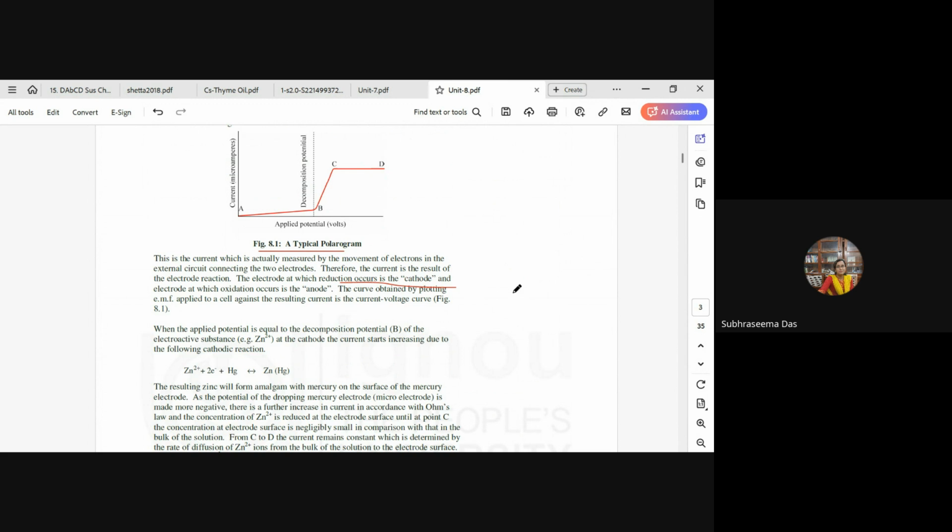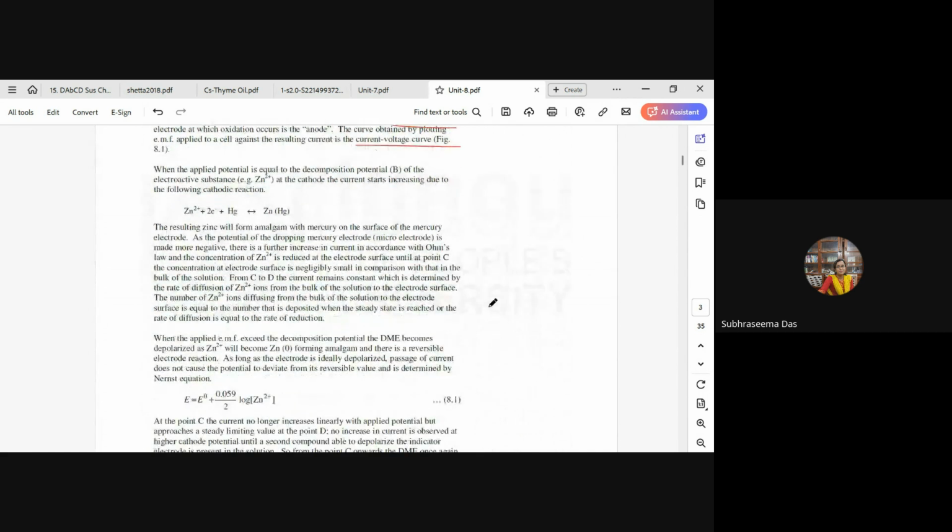The curve obtained by plotting EMF applied to a cell against the resulting current is called the current voltage curve. Now, when the applied potential is equal to the decomposition potential of the electroactive substance, the cathode current starts increasing due to the following cathodic reaction.